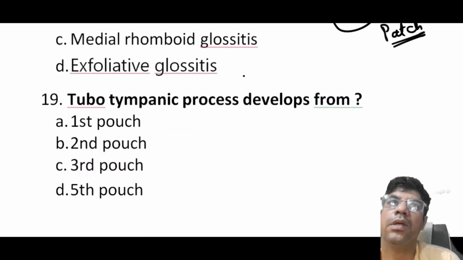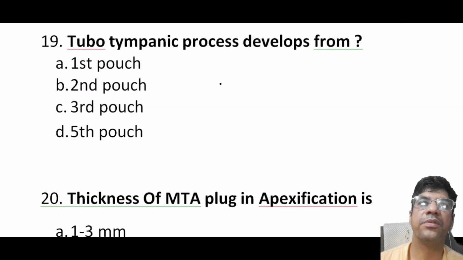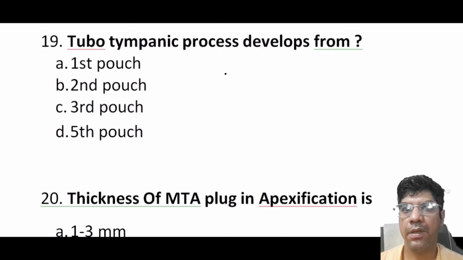Another question, the tubotympanic recess develops from, well, the answer is the first pharyngeal pouch. So during embryonic development, the tubotympanic recess extends from the first pharyngeal pouch. This extension is formed by the endodermal lining of the pouch.